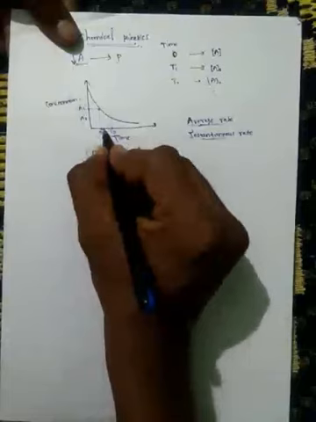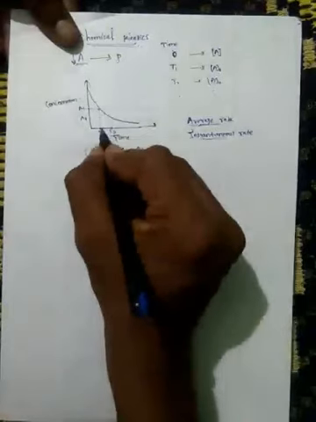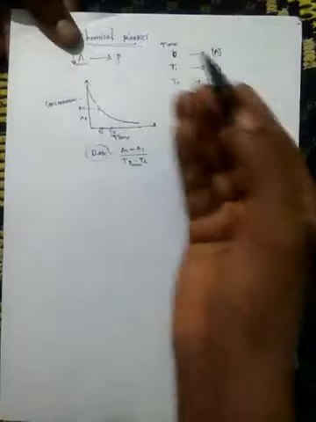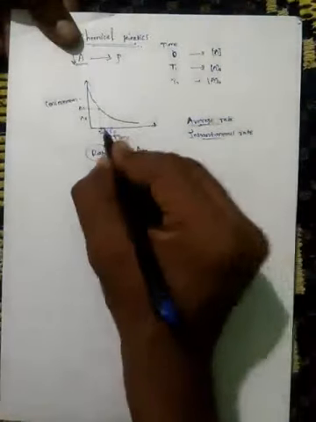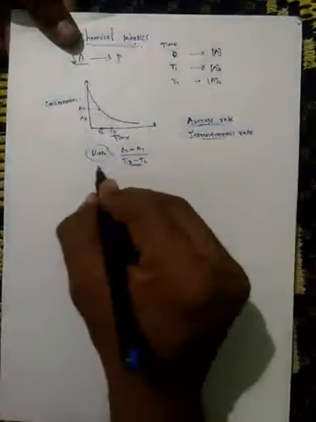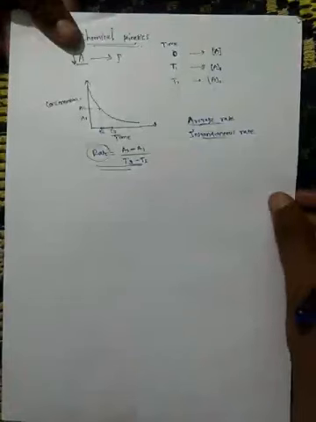Since the reaction rate changes, and I have taken a large time interval, the rate will not be so accurate. It gives me the average rate. This is called average rate.